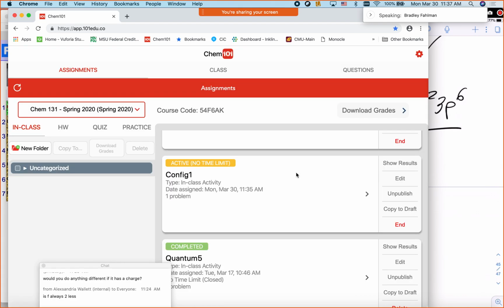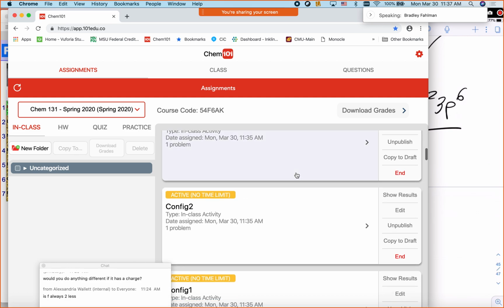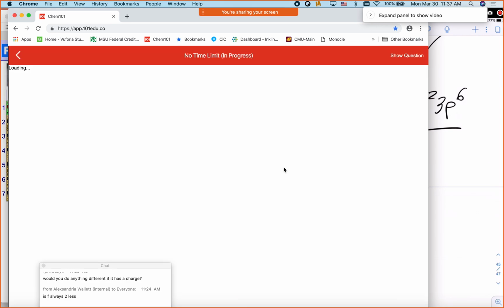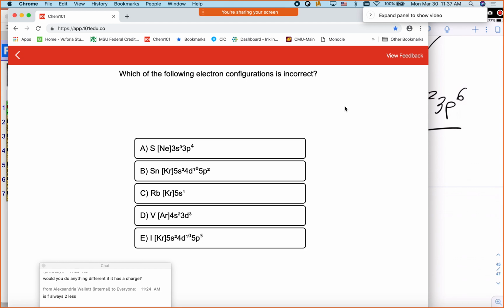Now config 2. Which of the following electron configurations is incorrect? These, by the way, are really typical of questions that I always put on your next exam, your next midterm. So, incorrect configurations.